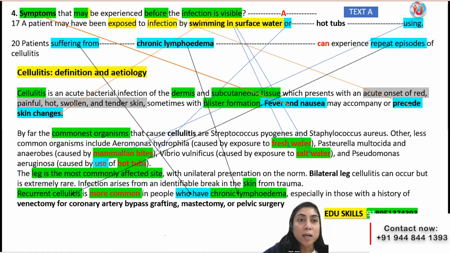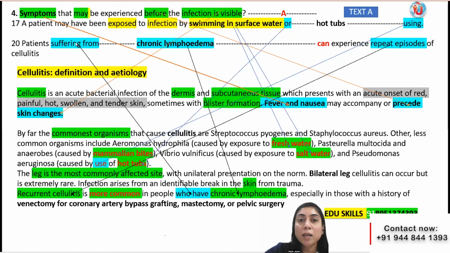Here the keywords are symptom, the modal verb may, and before: something coming before the infection is visible. Here you can see the symptoms while we underline the keywords. In the first paragraph, cellulitis is an acute bacterial infection of the dermis and subcutaneous tissue. Then it talks about some symptoms: painful, hot, tender.